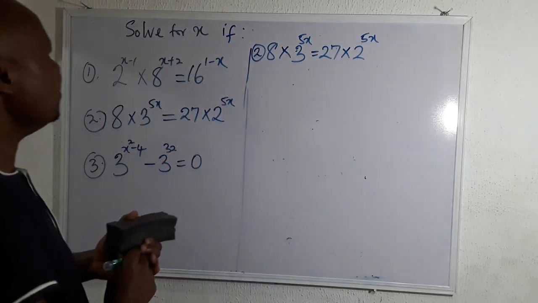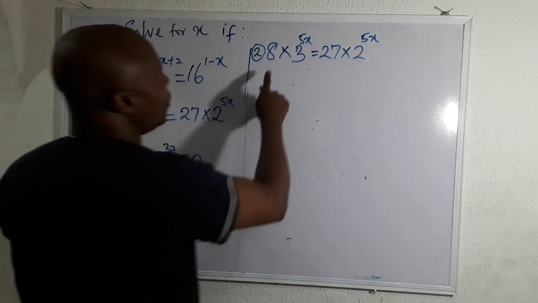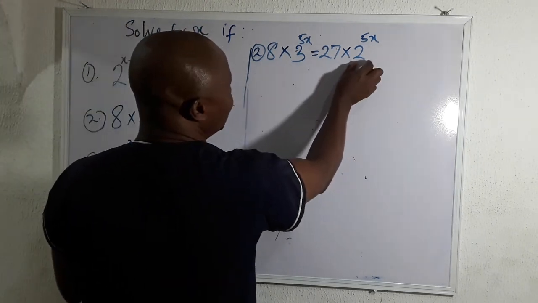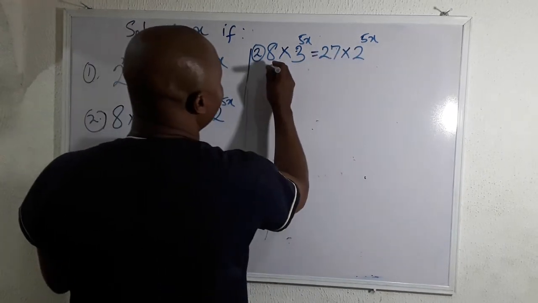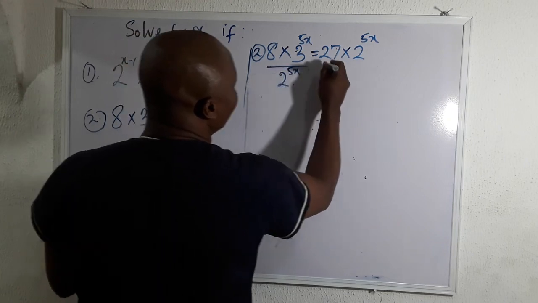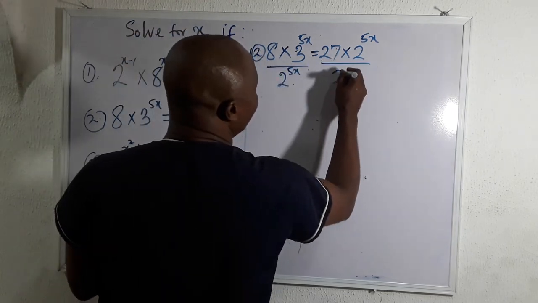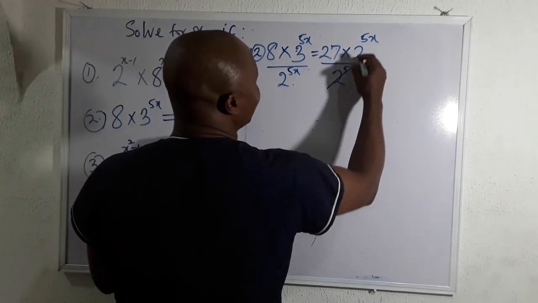5x. And that's it. So what we are going to do, first, we divide both sides by 2 raised to power 5x. If we do that, we have 2 raised to power 5x all over 2 raised to power 5x. Now, this 2 raised to power 5x, we cancel.